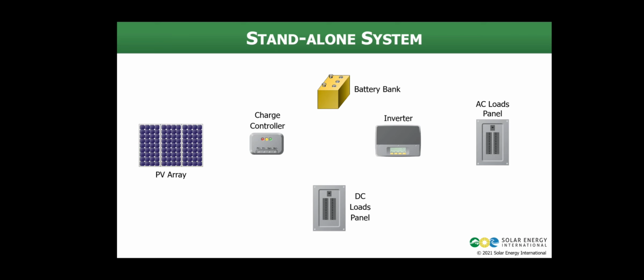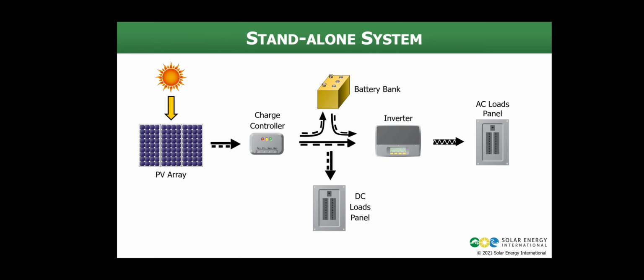It's also important that the selected inverter has a power or wattage rating high enough to provide for all the AC loads, including any start or surge loads associated with some types of appliances, such as motor loads. When a battery needs to be charged in a standalone system, any available DC power from the array flows to the batteries through the charge controller, which regulates and manages the charging process.